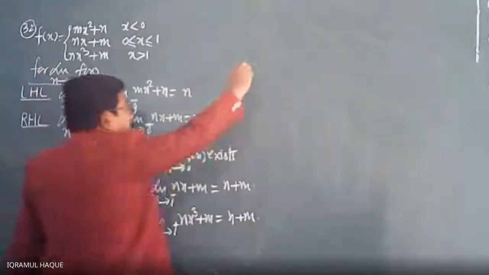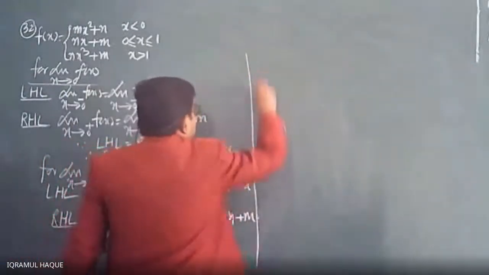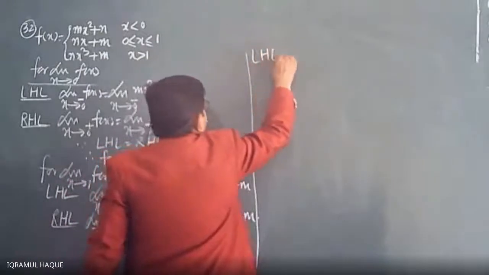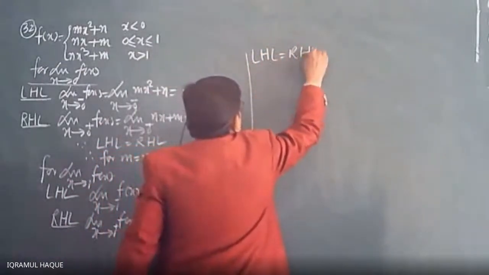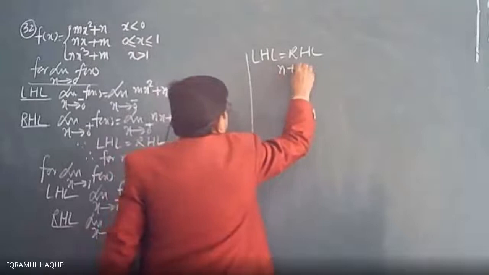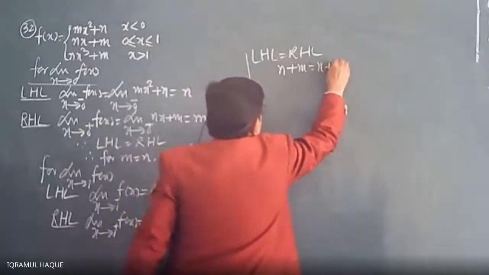So LHL is equal to RHL, n plus m is equal to n plus m.